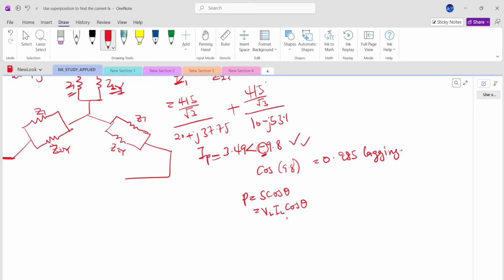So this is the total power that is consumed. VL is 415, IL is 3.49, times cos theta. Cos theta is 0.985.